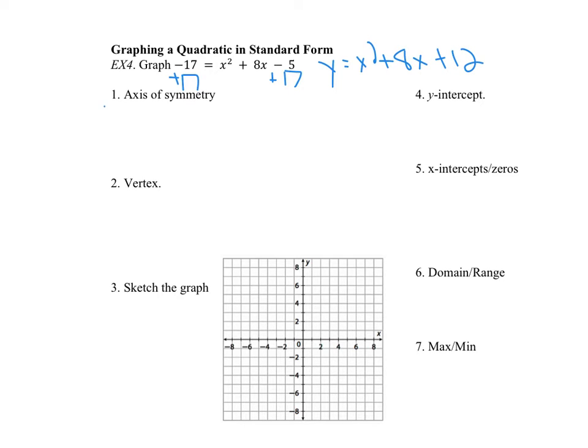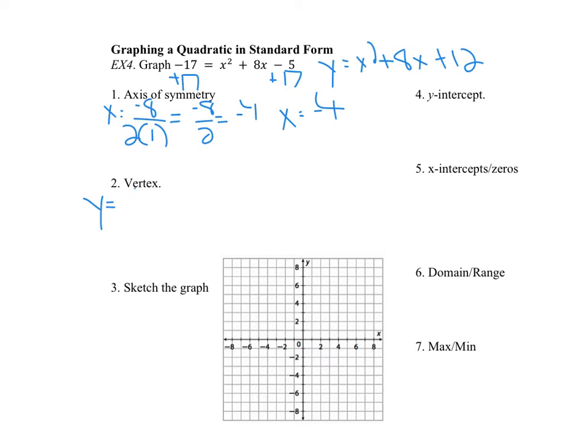So our axis of symmetry, x equals negative, our b in this case is 8 over 2a, which is 1. So it's negative 8 over 2, which is negative 4. So our axis of symmetry is x equals negative 4. Take our vertex, we're going to substitute that in, so that negative 4 goes into the equation.